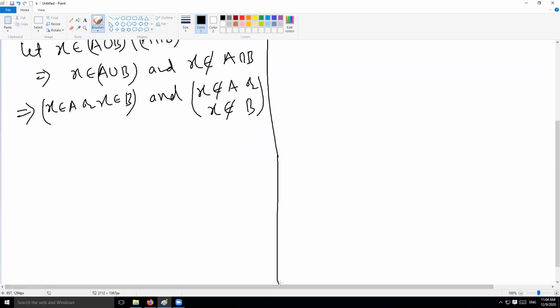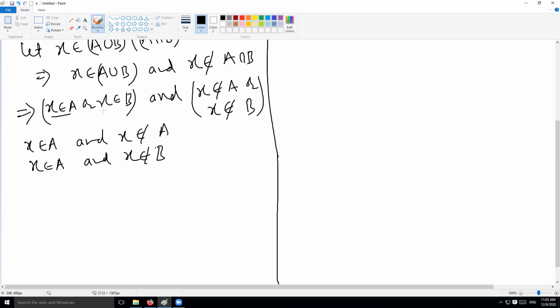So in other words, one case could be that X belongs to A. In other words, in this AND statement, this part is true. So X belongs to A and X does not belong to A. The other thing could be X belongs to A and X does not belong to B. That's the second possibility. What could be the third possibility?